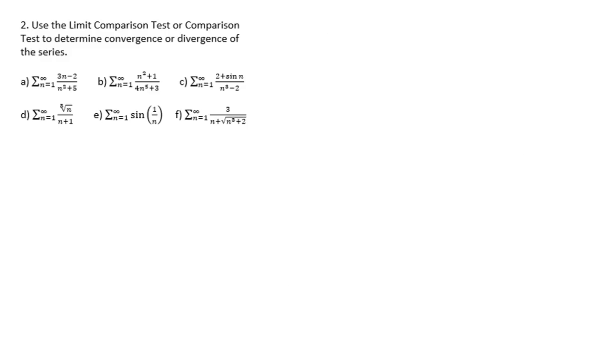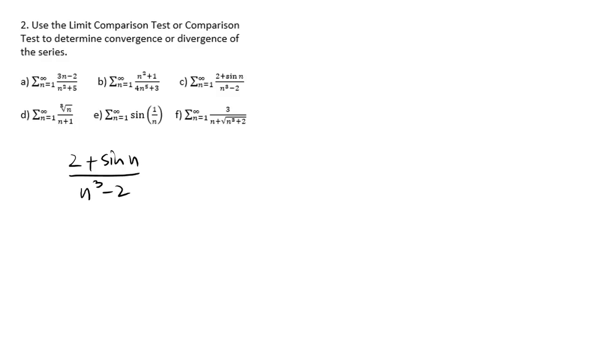Okay, next one. This one, 2 plus sine n over n cubed minus 2. Now this is not so easy to figure out what to do, because sine n is some unknown value, sine of 1, sine of 2, sine of 3. I have no idea what those values are.